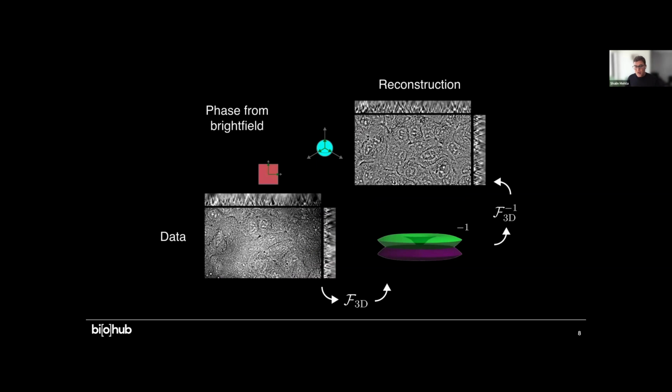When we have a fluorescent bead and you go above and below focus, the contrast changes symmetrically. When we have a refractive object and we go through the focus, the contrast flips. So we model that through this OTF that has a change in the phase as you go on either side of the focus.